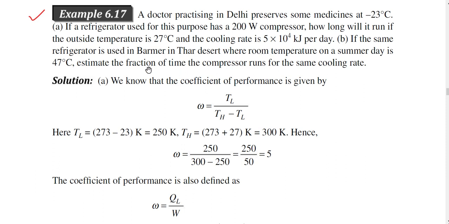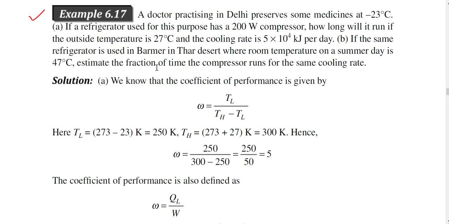The point is what fraction of the time the compressor runs. It should be mentioned that the compressor of the refrigerator does not run all the time; it runs for a particular fraction of the time. So we have to calculate that fraction of the time for which the compressor runs. This is a very interesting problem.